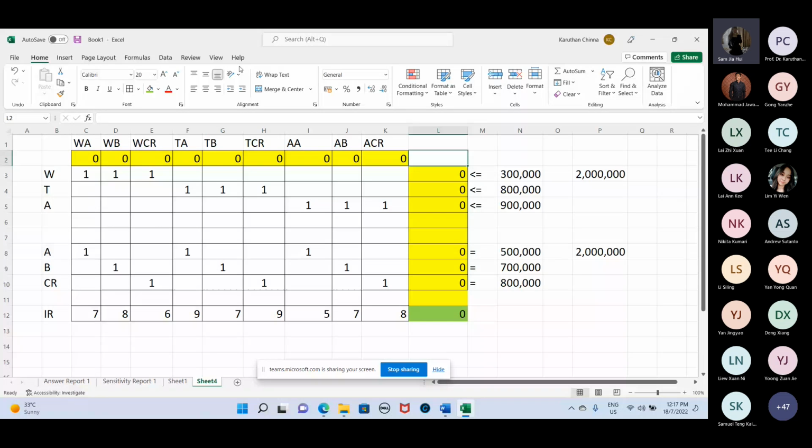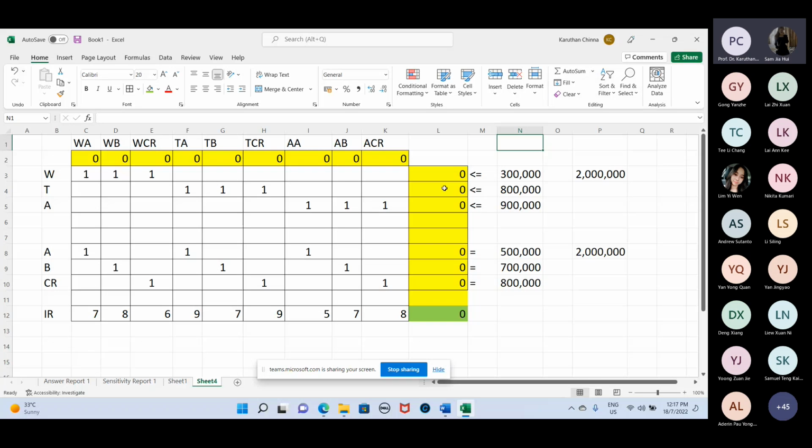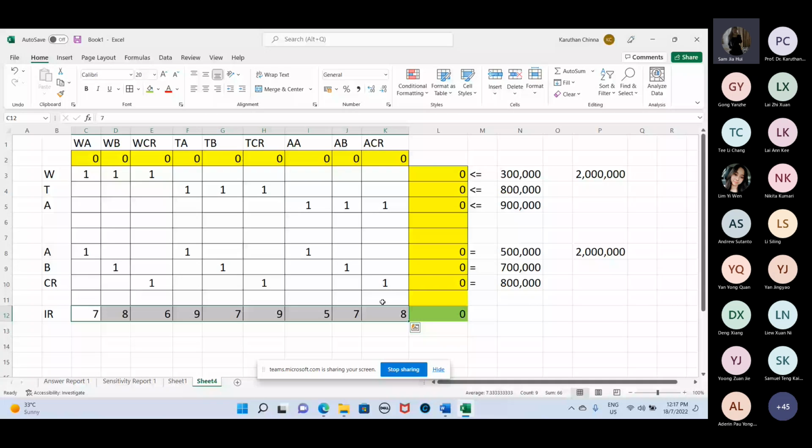I can't see it. It doesn't matter. Oh, the value is very high, right? Okay. That's the reason why the value is very high.